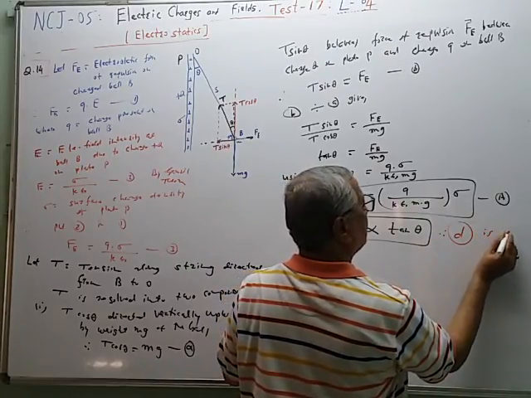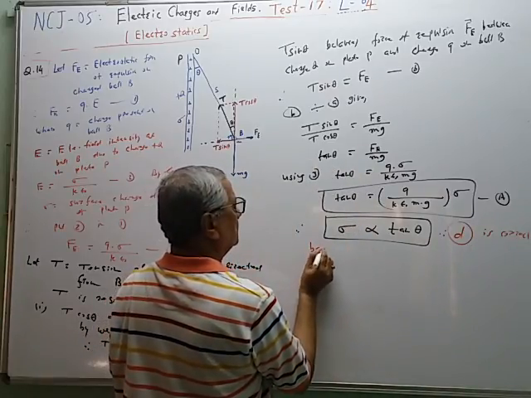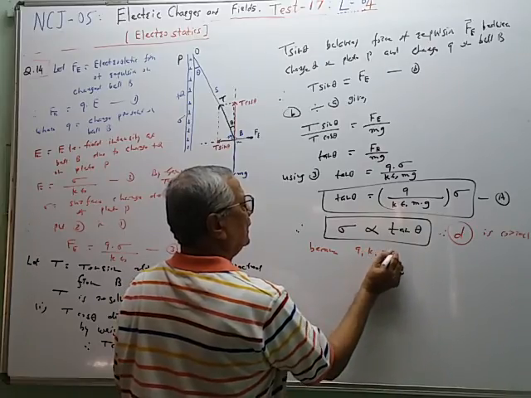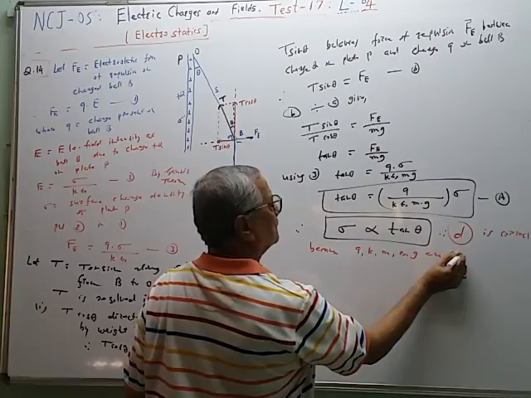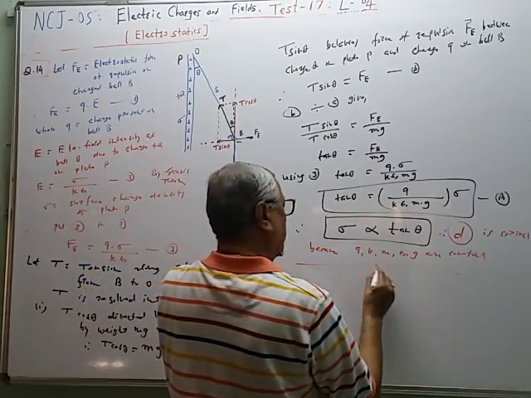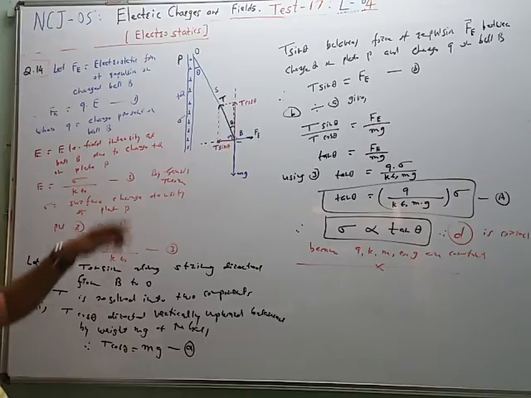Therefore D is correct because Q, K, m, epsilon naught, g are constants. So logically we can do that.